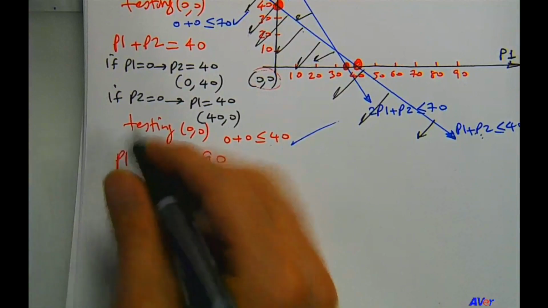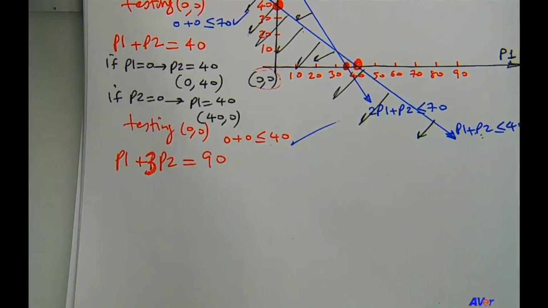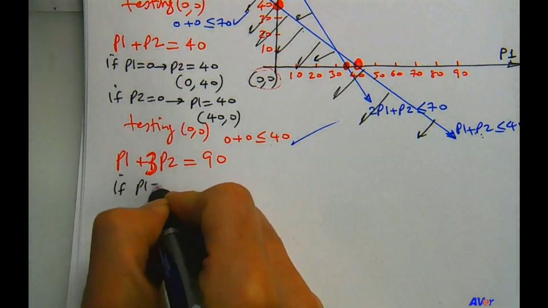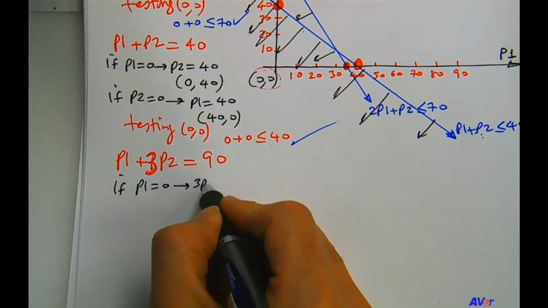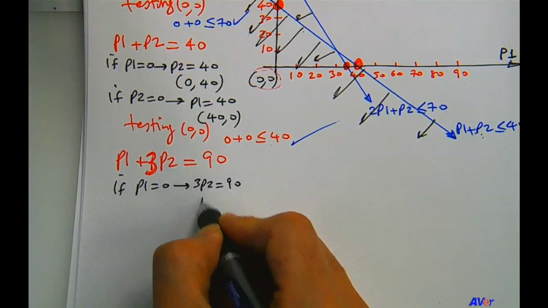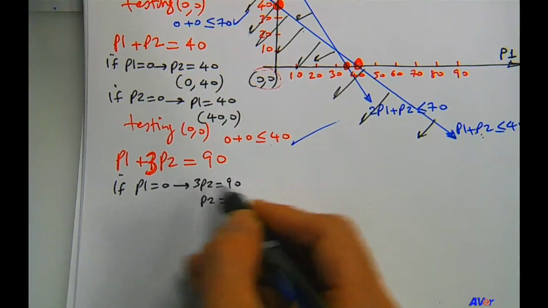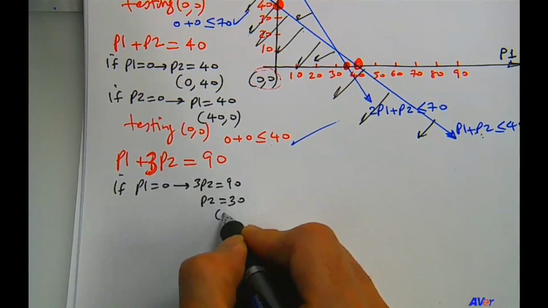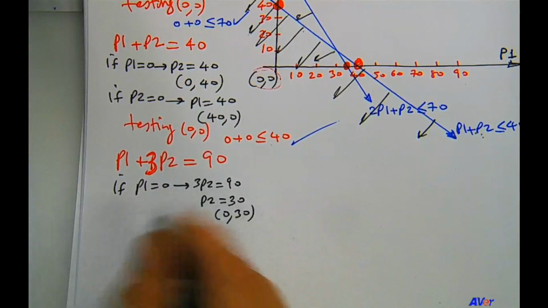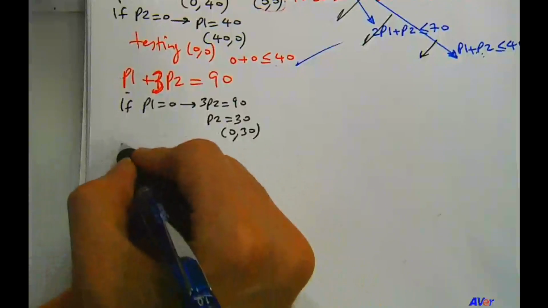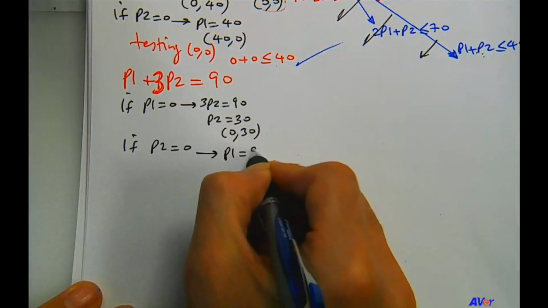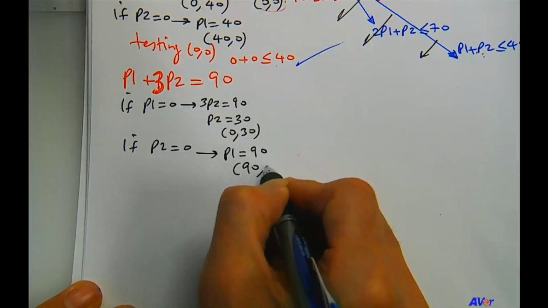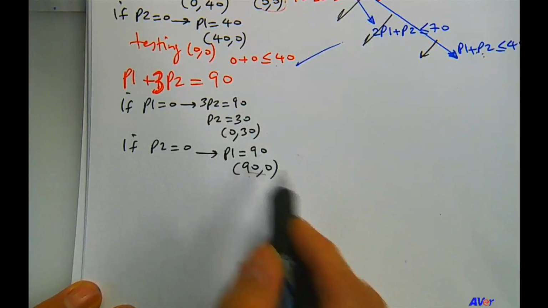Equals 90. So if P1 equals 0, then we have 3P2 equals 90. So P2 equals 90 divided by 3, 30, or 0, 30. If P2 equals 0, then P1 equals 90. So we have 90, 0 as the x-intercept.